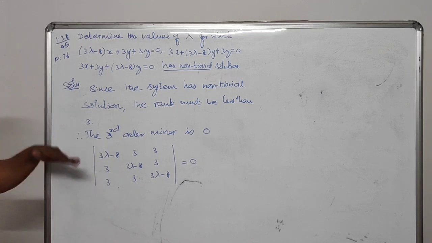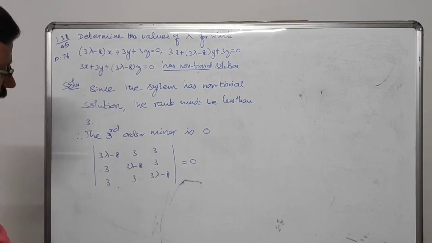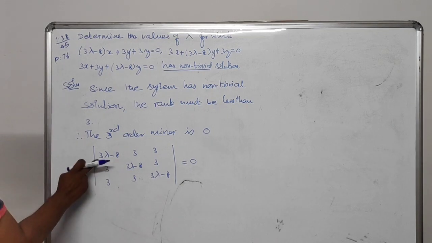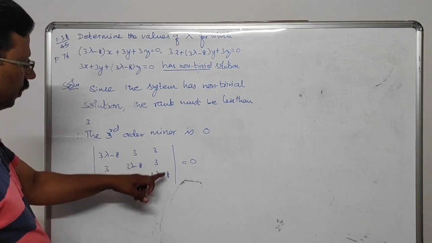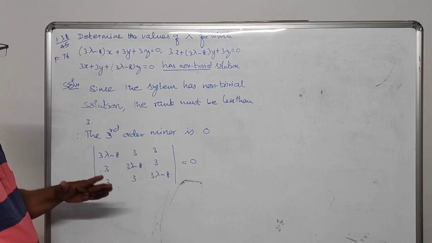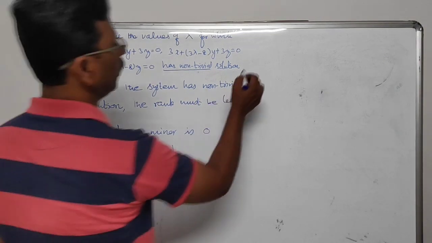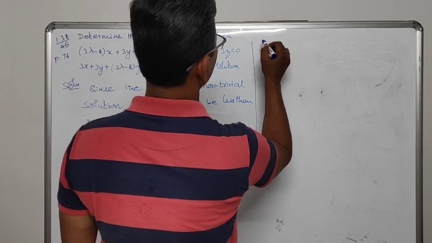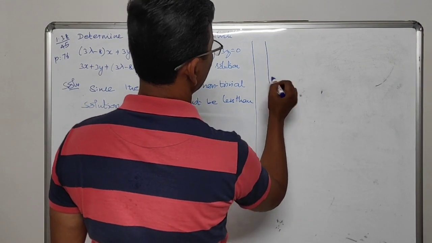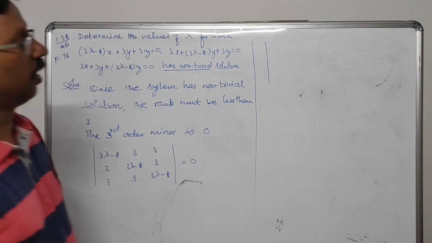Therefore, we can use some elementary transformations to simplify this. See here we have 3 lambda minus 8 diagonal wise. If we have it like this and all row sums are equal, it is better to add all the 3 rows to get a new row. Therefore, first we are adding R1 plus R2 plus R3.